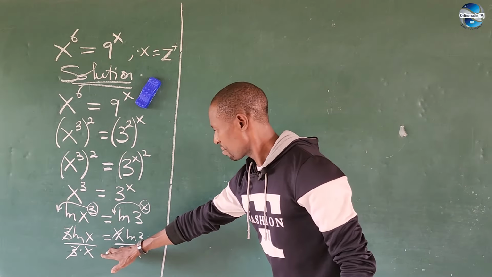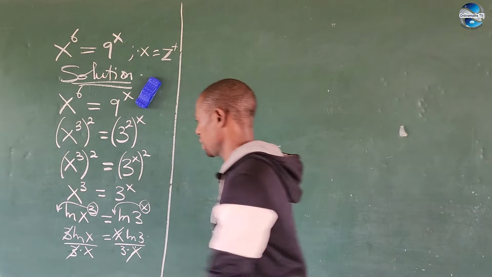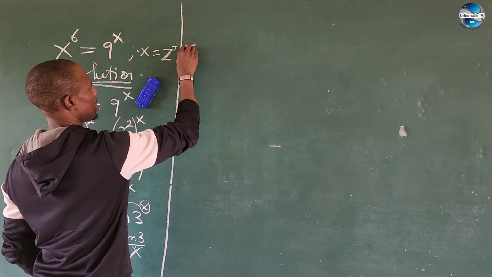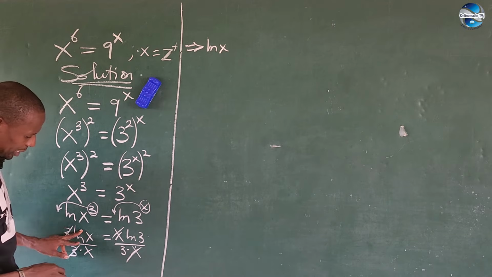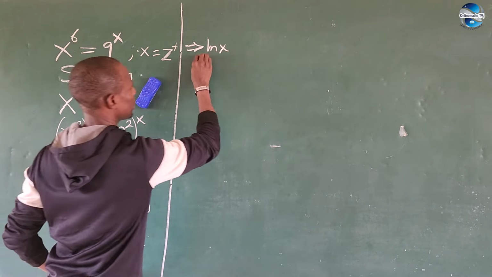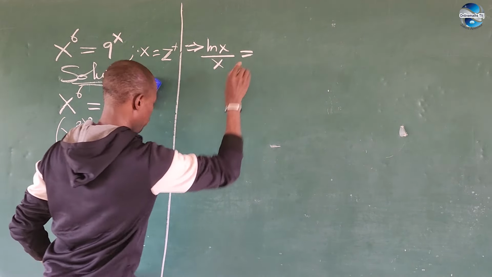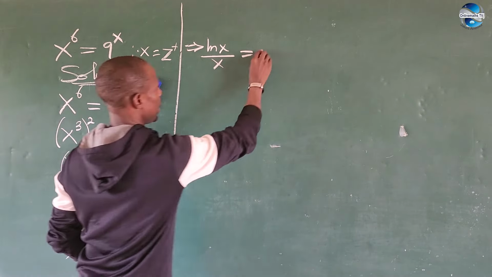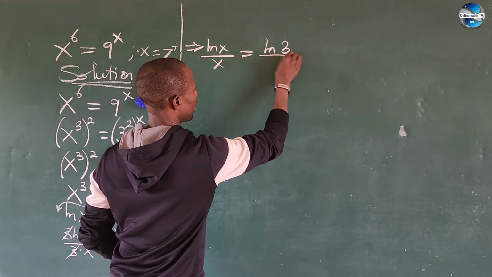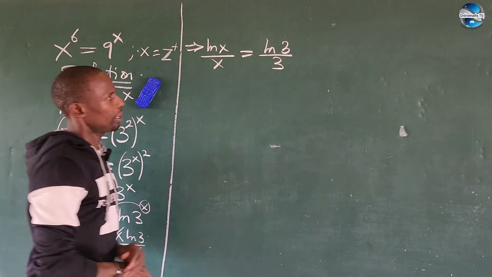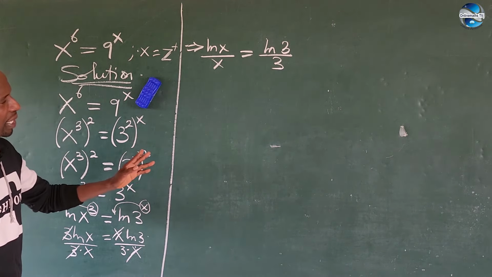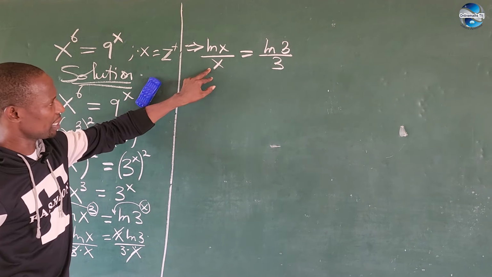From here we are left with ln of x all over x, equal to, on this side, ln of 3 all over 3. Looking at this, I want to rewrite this denominator.